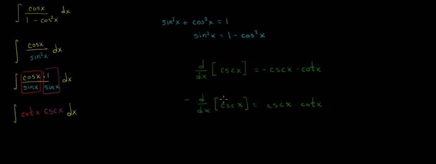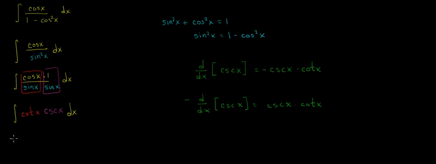Now looking at this, I'm looking for a function whose derivative is given by cotangent of x, cosecant of x. Well, here's the function whose derivative is given by this right here, which is exactly what we need.